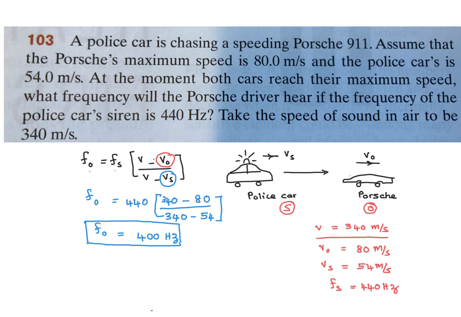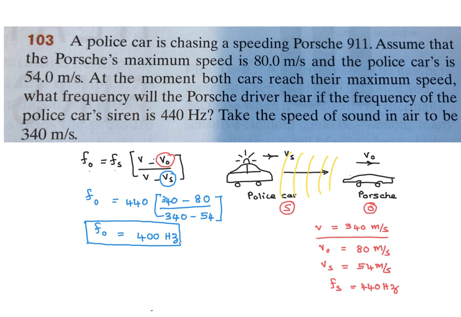Please read it out again and understand what is what, and most importantly, understand how to get these pluses and minuses figured out. And if I add a second part to the question and ask you to find the frequency of the sound reflected off the Porsche and observed by the police officer, then you will have to look at the wave coming in the opposite direction.